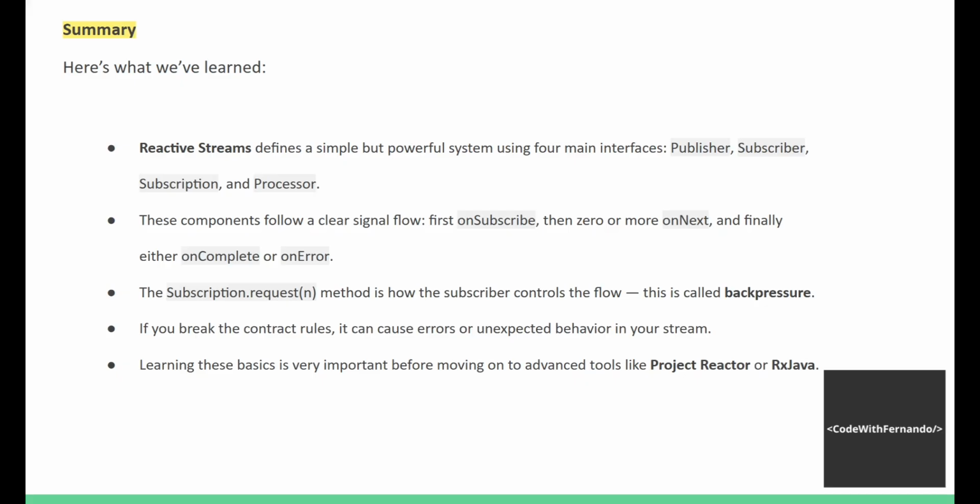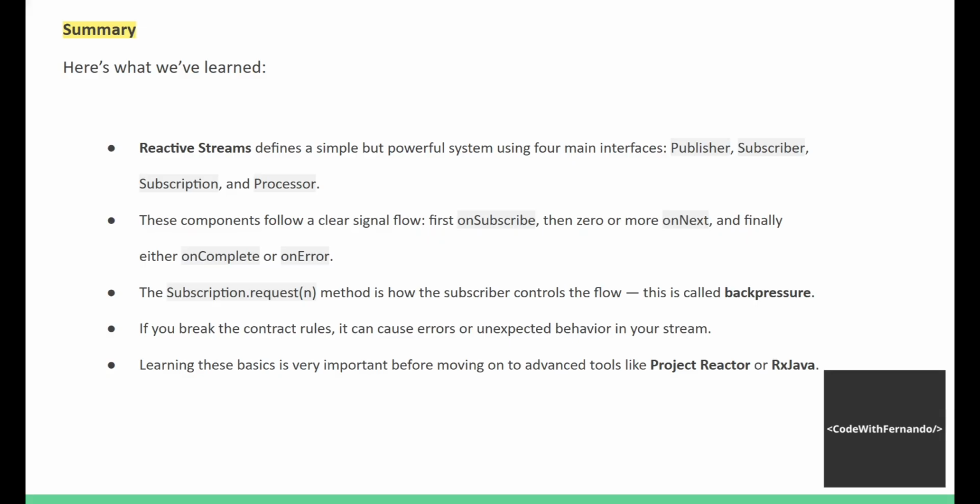Summary. Here is what we have learned. Reactive Streams defines a simple but powerful system using four main interfaces: publisher, subscriber, subscription, and processor. These components follow a clear signal flow: onSubscribe, onNext, and finally either onComplete or onError. The subscription request method is how the subscriber controls the flow.